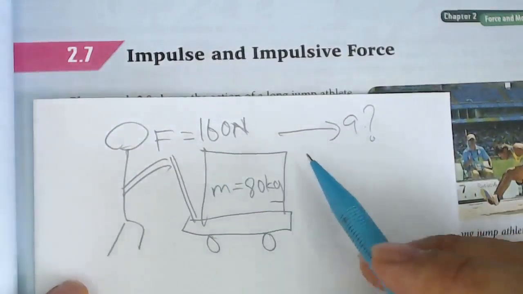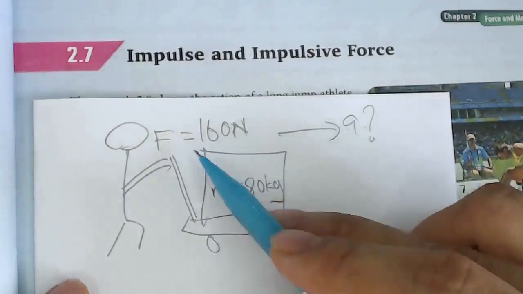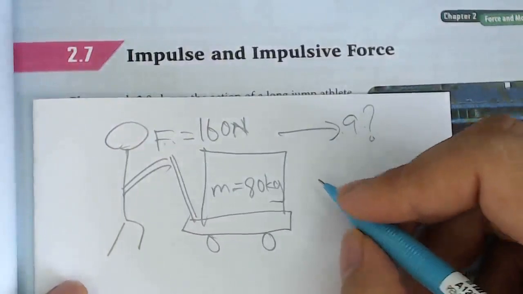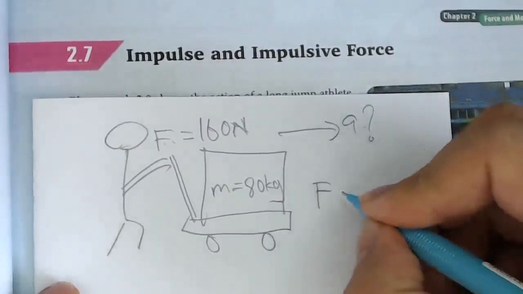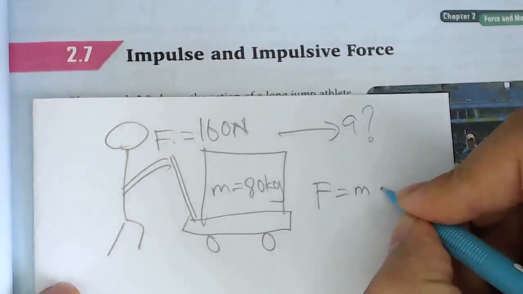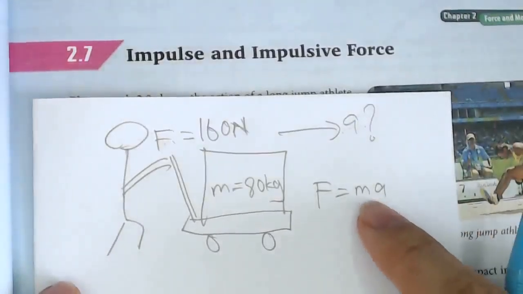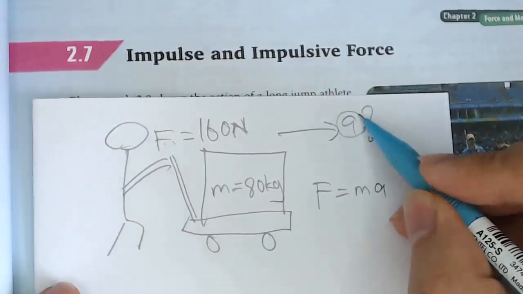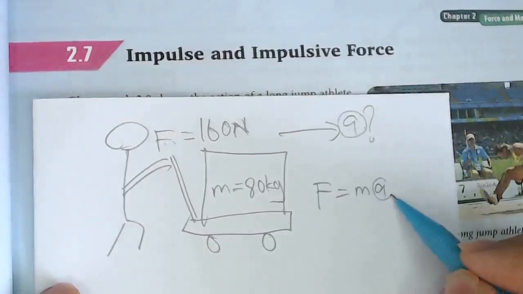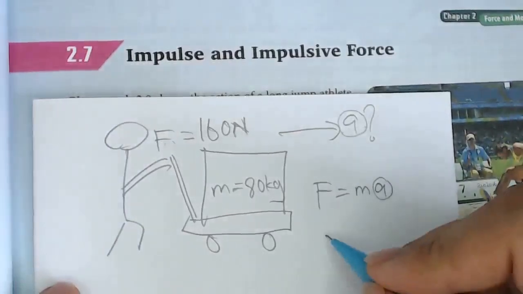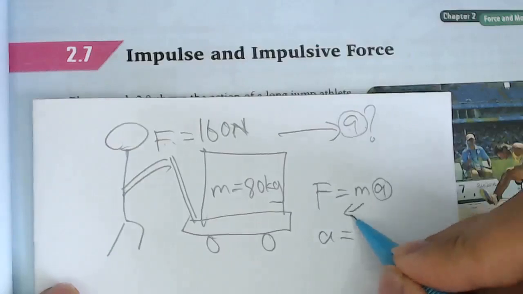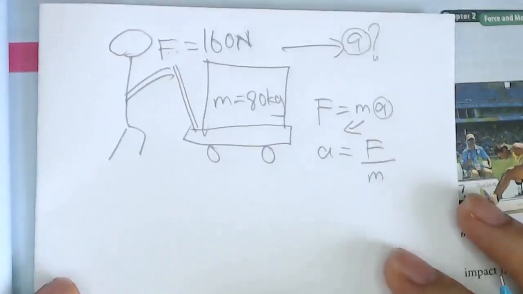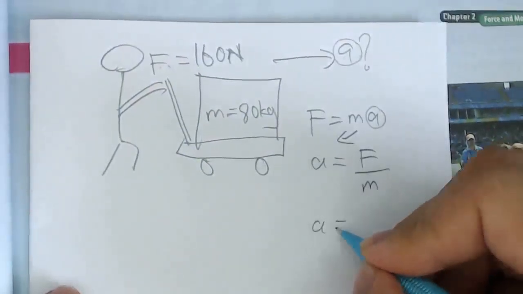So, what is the formula which relates the three of them, F, M, and A? That you already derived yourself. That is F equal to ma, correct? This time they need you to find the value of A. So you do the algebra transfer, you take M to the other side, and it becomes F divided by M. This time you substitute all the values that you know.